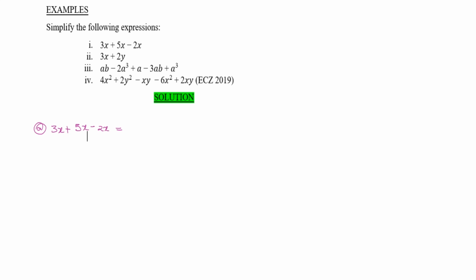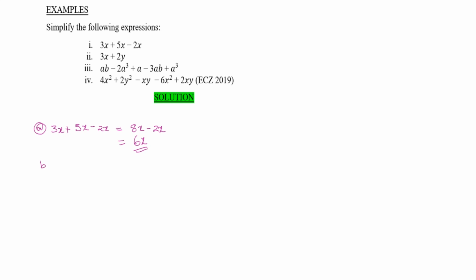So we can say 3 plus 5 to give us 8x, then minus 2x. What is 8 minus 2? It will just give us 6x, and that will be our answer for A.